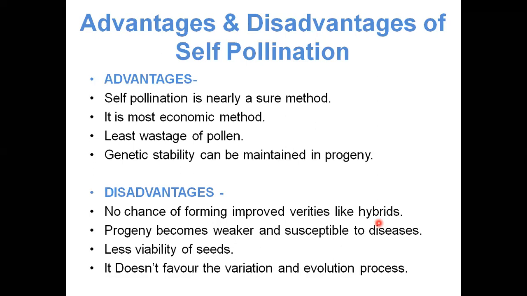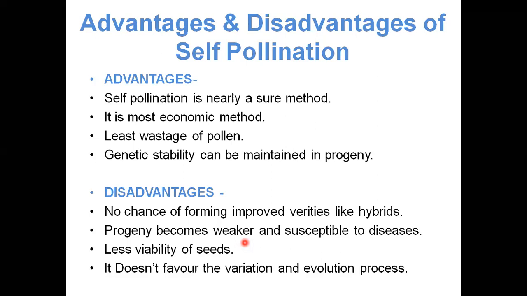We cannot eliminate the undesirable characters and we cannot introduce the desirable characters. The progeny becomes weaker and susceptible to diseases. Because of continuous self-pollination, the progeny become weaker and are susceptible to diseases.